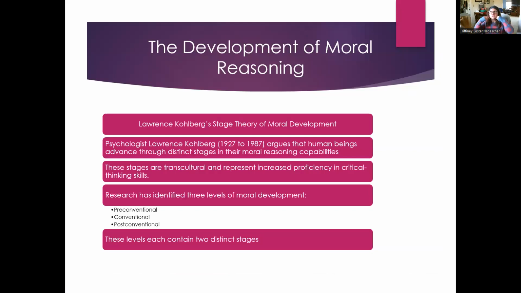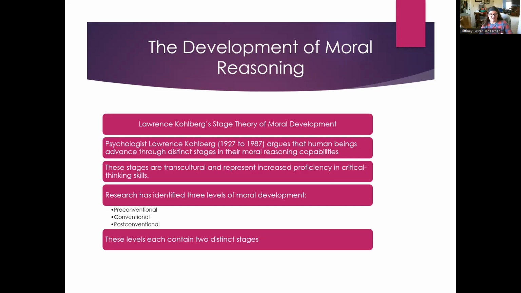Okay, so we have Lawrence Kohlberg. So he gave us the stage theory of moral development, right? So 1927 to 1987 is when he's alive and doing his thing. And he argues that human beings advance through distinct stages in their moral reasoning capabilities. These stages are transcultural, meaning around the world.